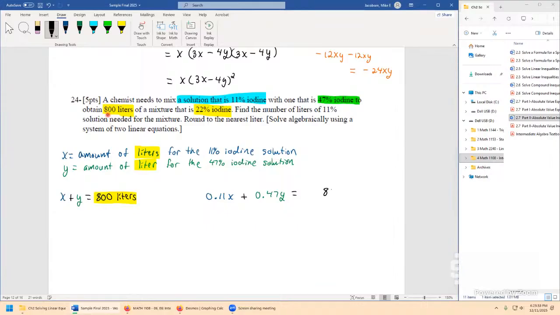So we take the 800 liters, but we multiply by the concentration we are going for, 0.22, and this is the right equation.